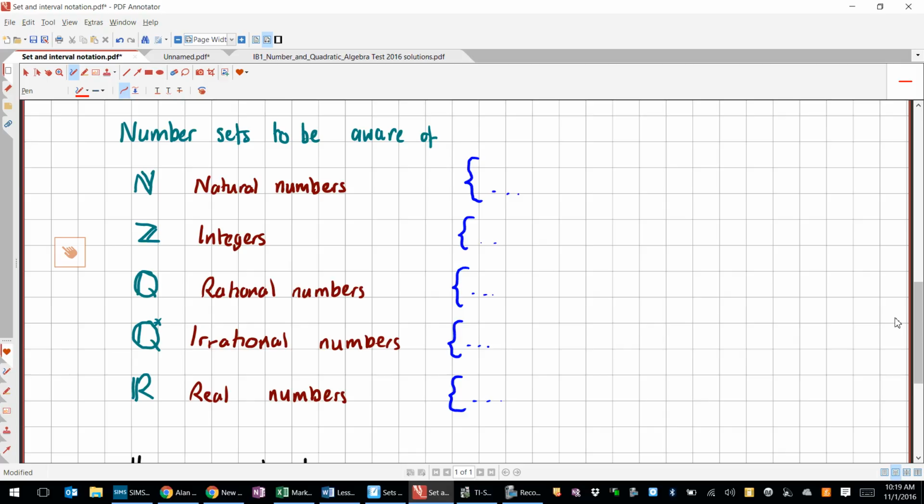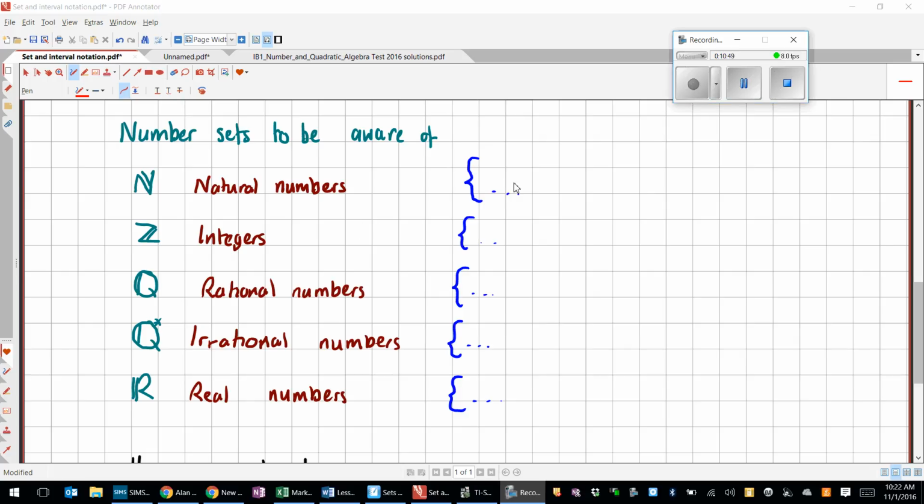So you can fill in a few yourself. Natural numbers, hopefully you've got starting at 0, 1, 2, 3, and so on. You need to know that 0's in it.